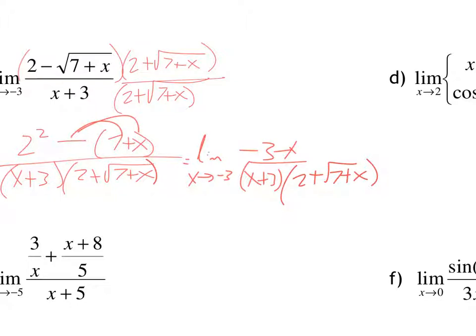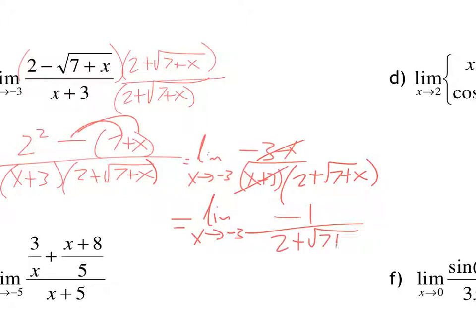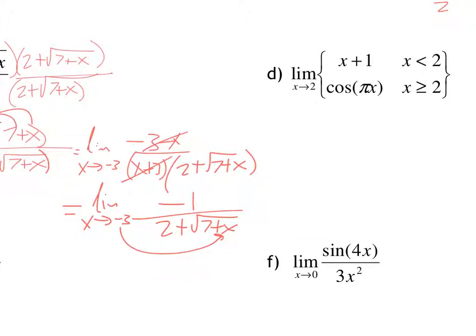And if you factor out a negative 1 from the top, this is negative 1 times x plus 3, so we get a negative 1. These guys are going to cancel. And we have 2 plus the square root of 7 plus x. Now we can plug that in. And we have negative 1 over 2 plus square root of 4 actually, which is 2. So that's negative 1/4.